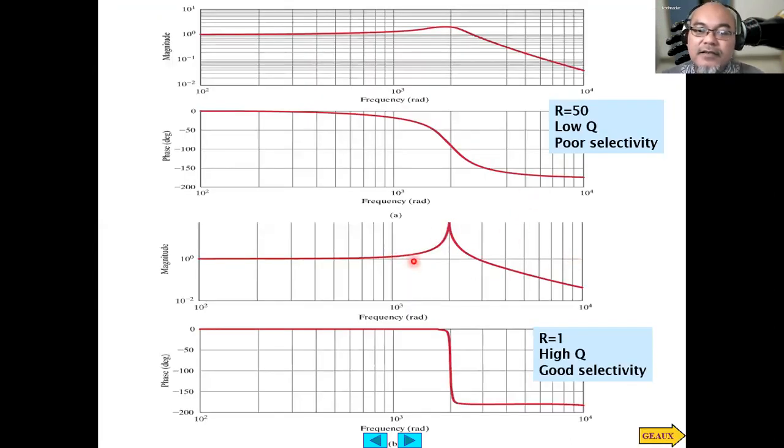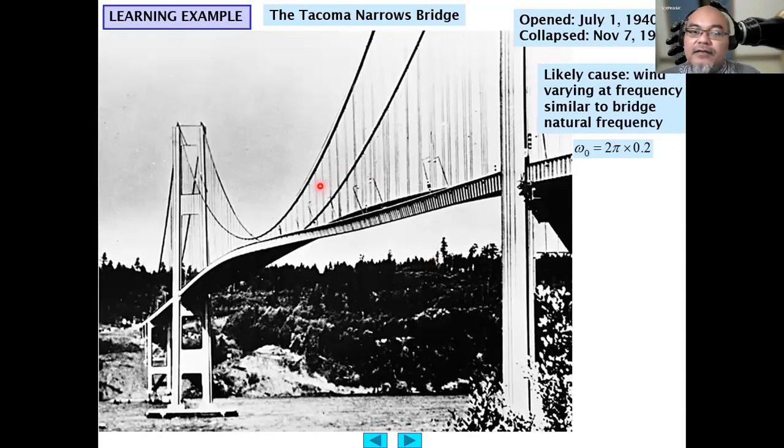So when the wind frequency has very high quality and approaches the natural frequency omega 0, what will happen is similar to this. When omega approaches the natural frequency, the magnitude of the swing of the vibration of the bridge becomes very high. That is why it breaks, because when it vibrates very strongly, the strength of the material cannot endure the stress and strain applied on the structure.